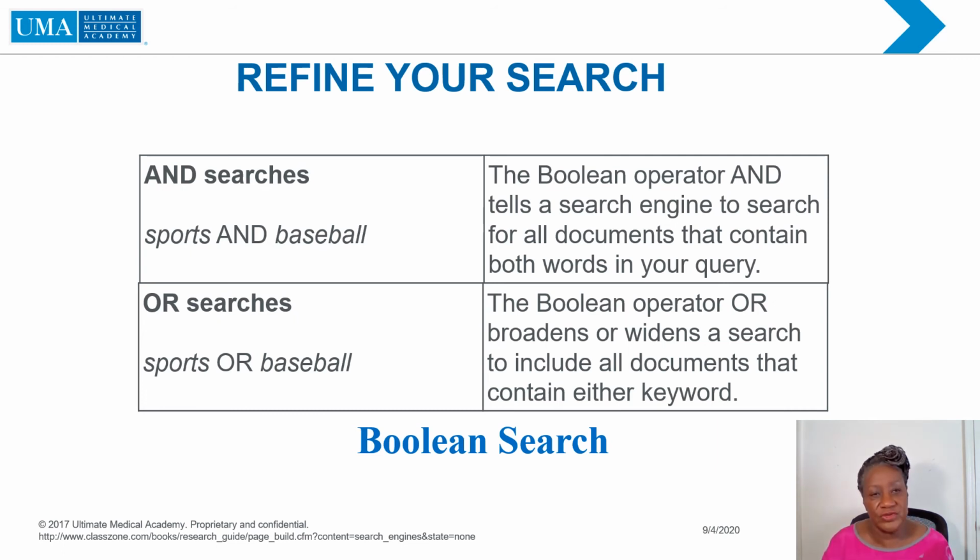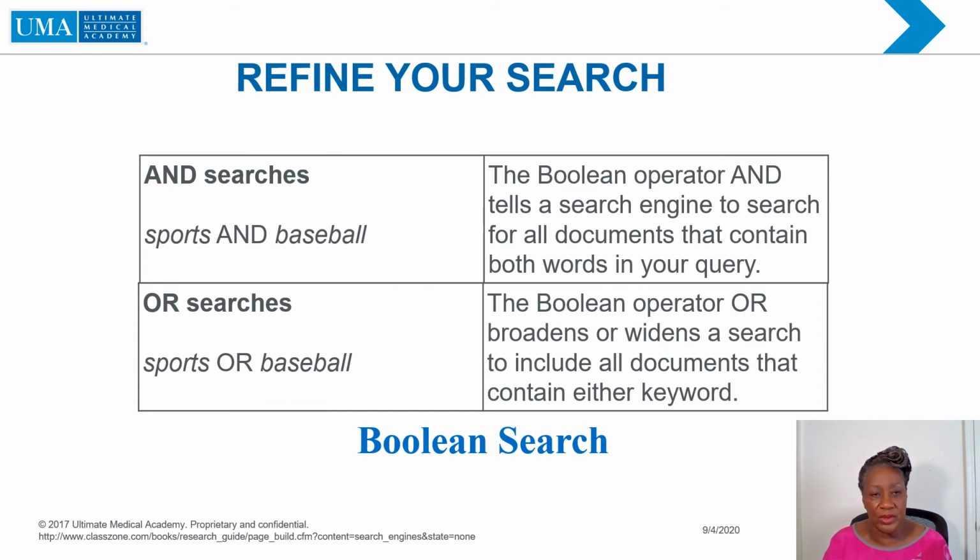So for and searches, in this example, sports and baseball, the Boolean operator and tells the search engine to search for all documents that contain both words in your query.